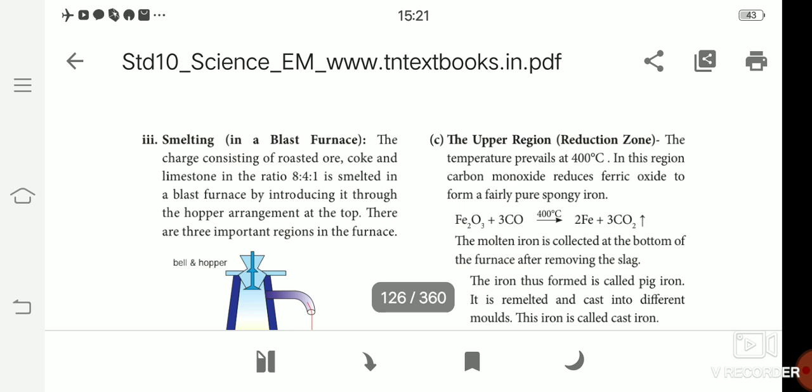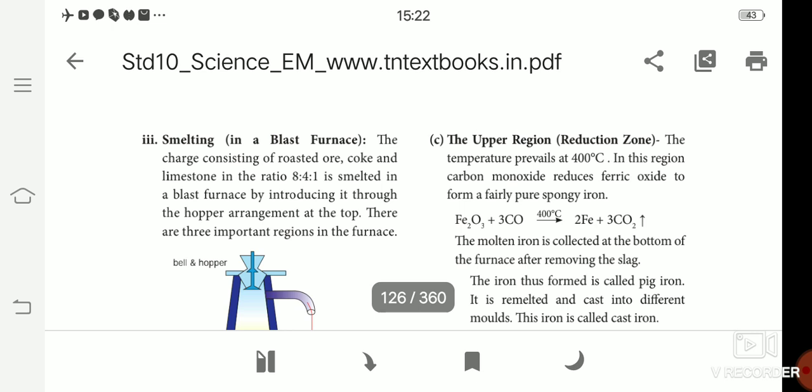In smelting, the charge consists of roasted ore, coke and limestone. Coke means carbon. The ratio of ore, coke and limestone is 8 to 4 to 1.